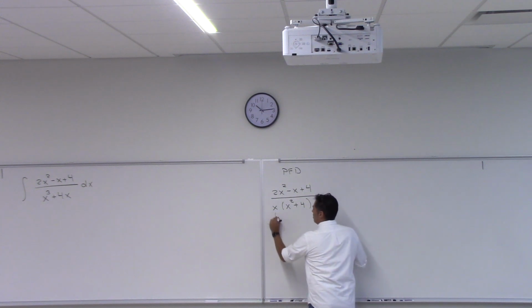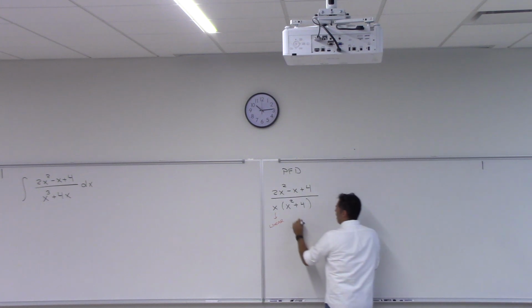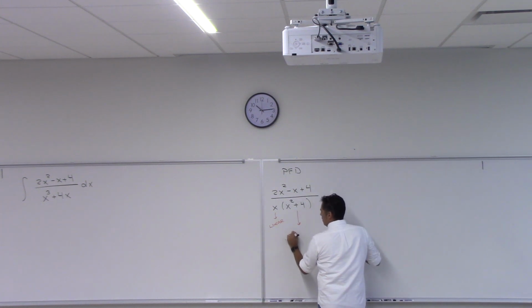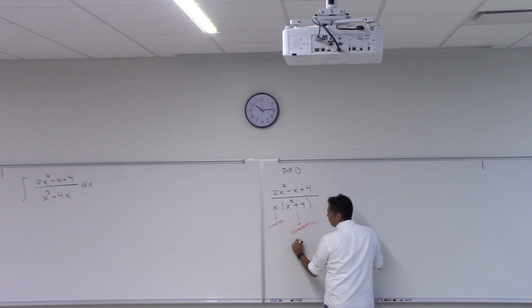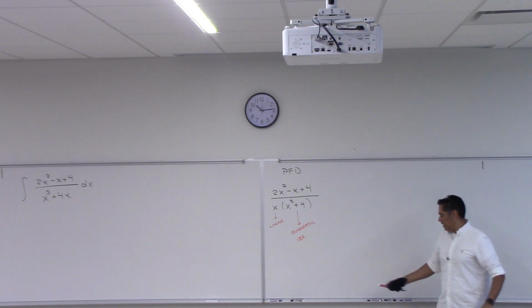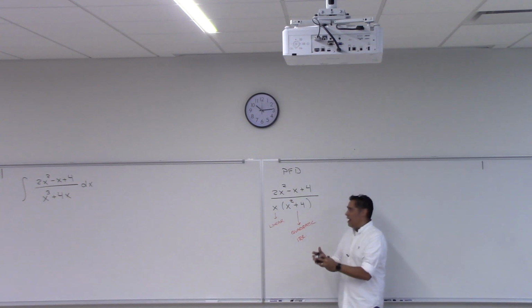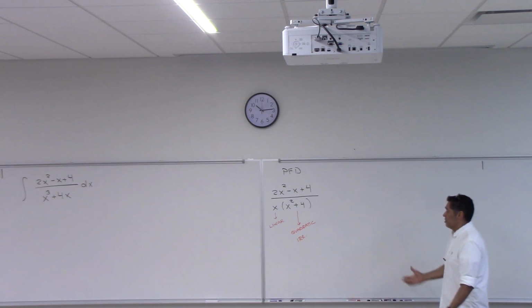This is linear, agreed? This is not linear. What is it? It's quadratic, and irreducible. I'm putting IRR for irreducible. That just means it can't be factored. Obviously, if it could be factored, I'd want to factor it so that I had two distinct linear factors there. But I can't factor it.